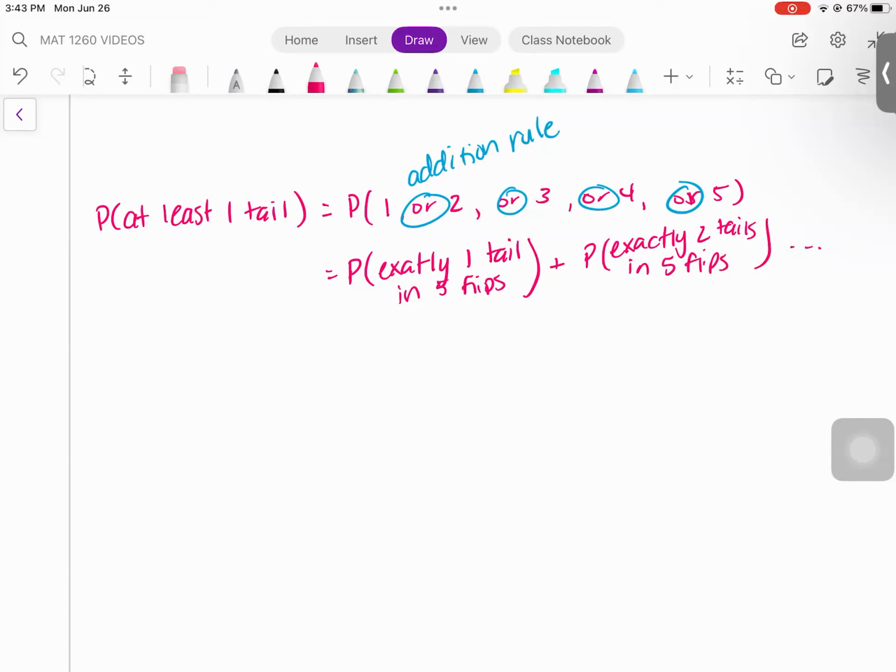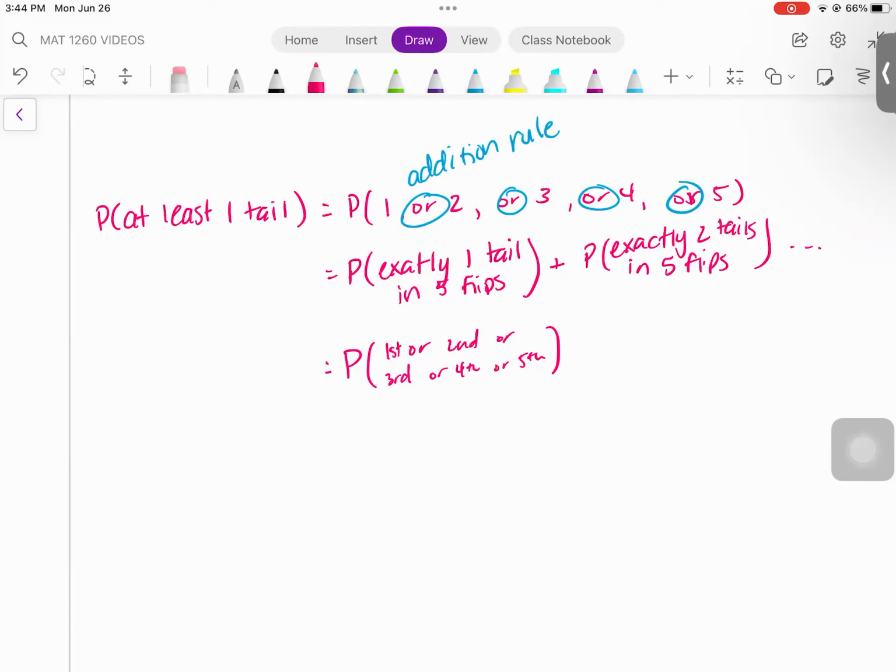The probability of getting exactly one tail in 5 flips could be a tail on the first, or the second, or the third, or the fourth, or the fifth. So there are all of these different possible outcomes that we're starting to consider, which is becoming very convoluted.